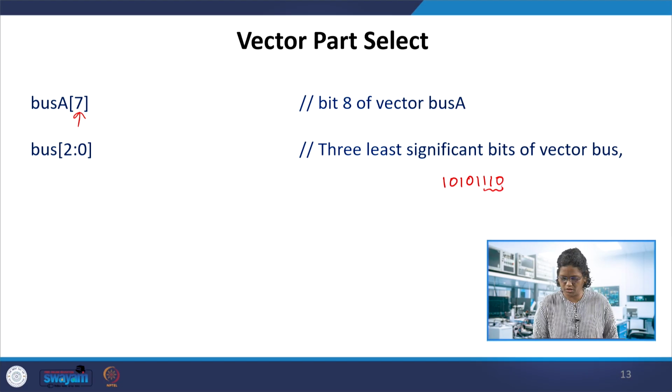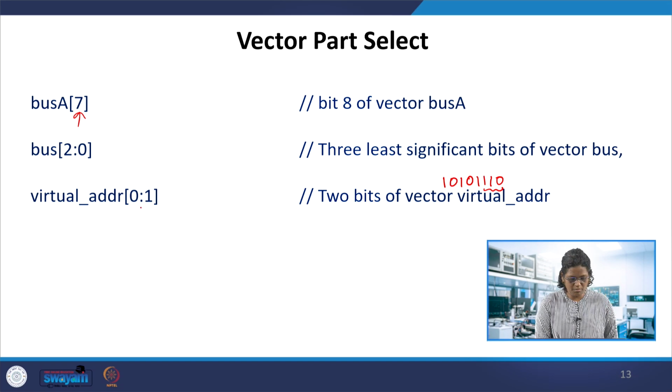These 3 bits will be extracted from the bus. So the 3 least significant bits will be extracted from the vector bus. Similarly, virtual address [1:0] will extract the first 2 bits, 0 and 1, from the virtual address.